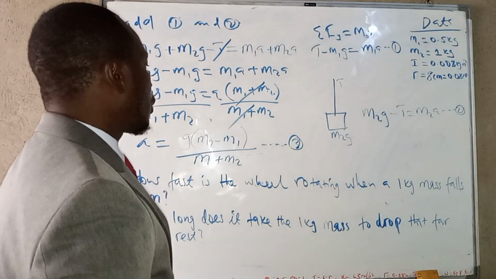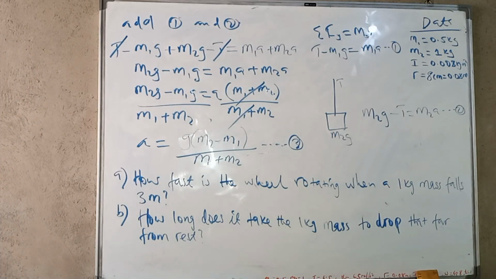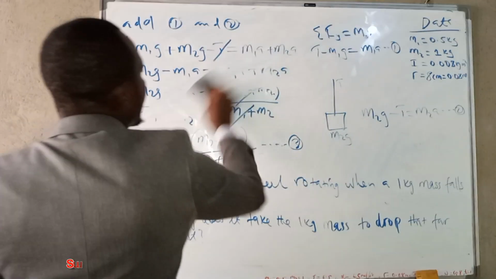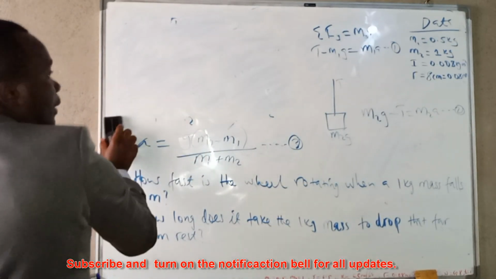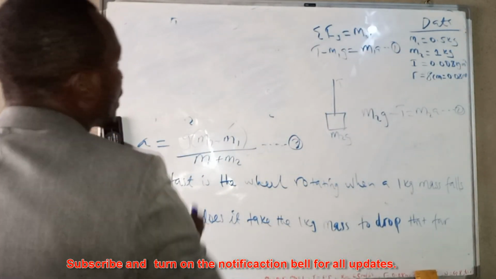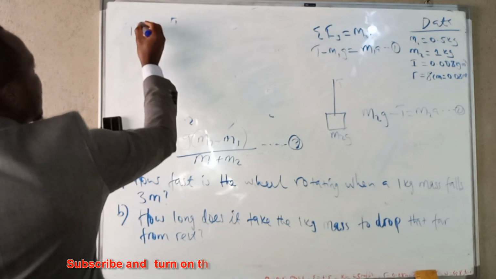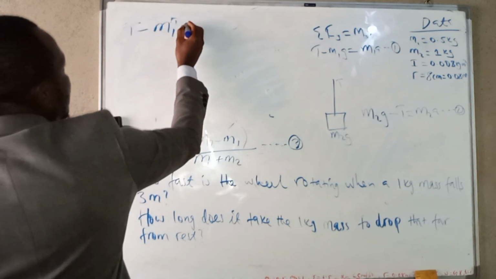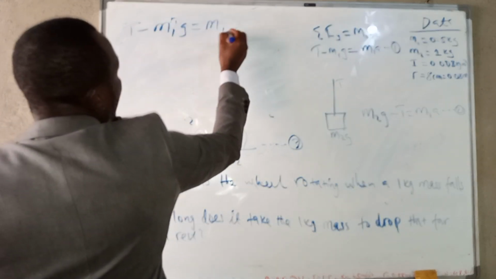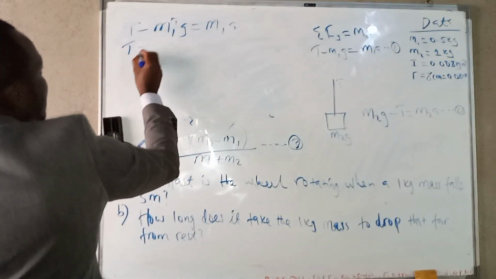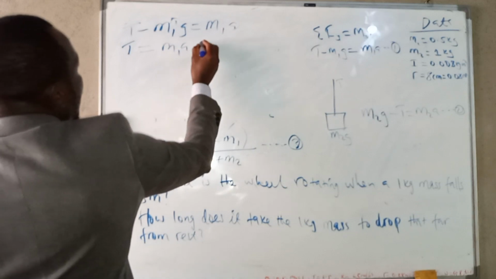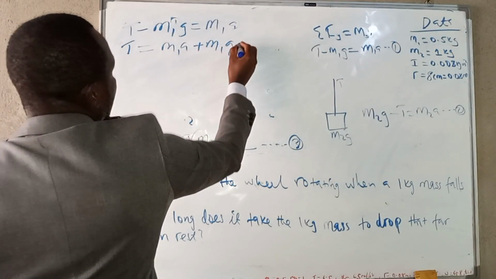Now putting equation 3 into either equation 1 or equation 2. From equation 1 we have T minus M1G equal to M1A, so T is equal to M1A plus M1G.